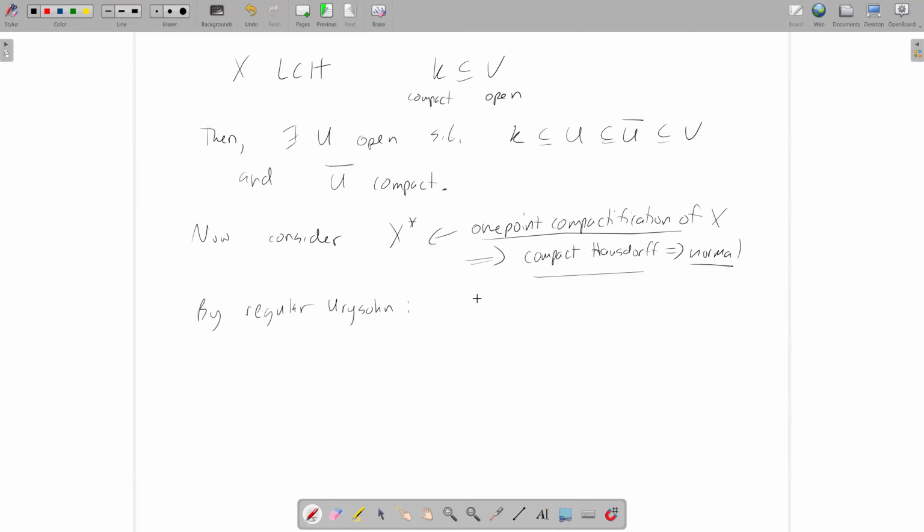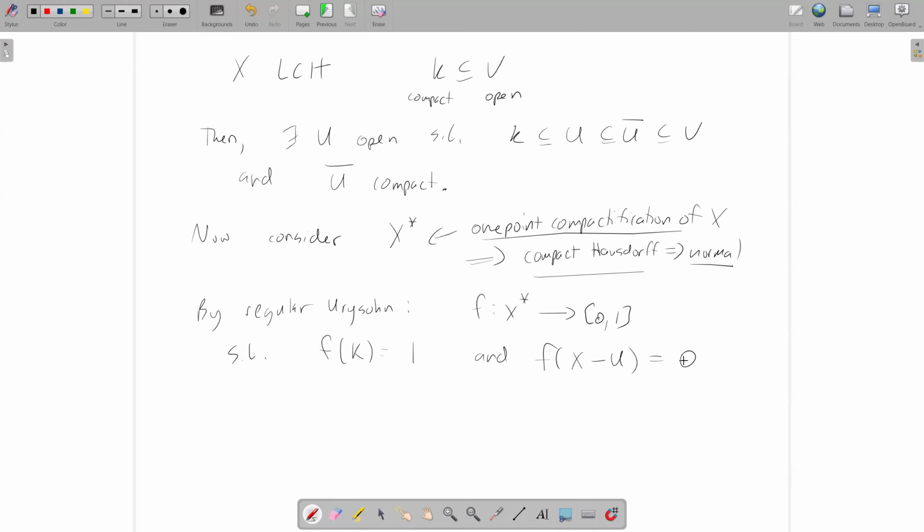we have a continuous f from X star to [0, 1], such that f is equal to 1 on K and f is equal to 0 on the complement of U. Okay?